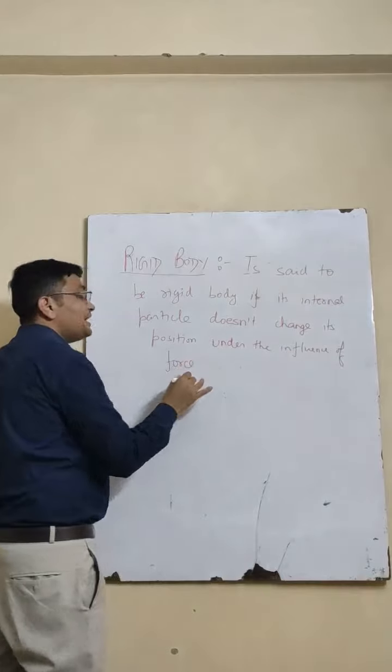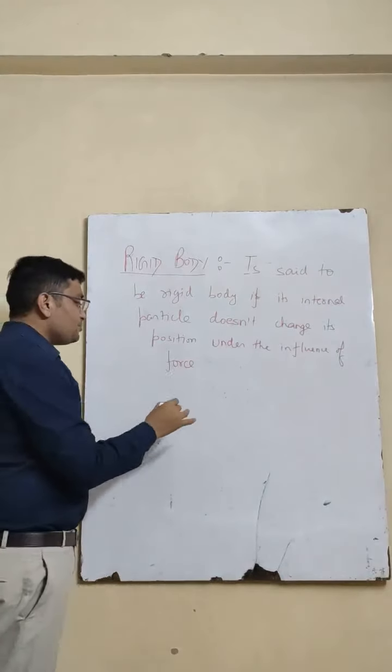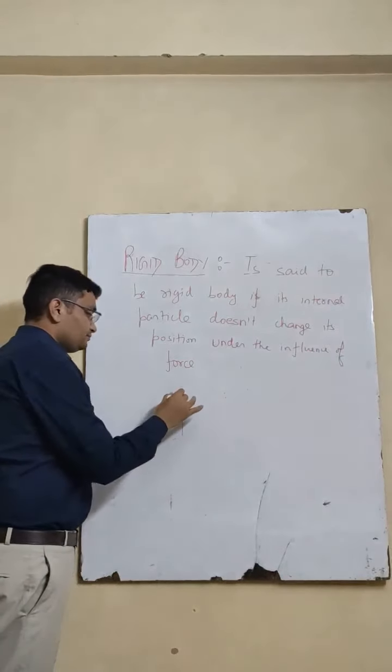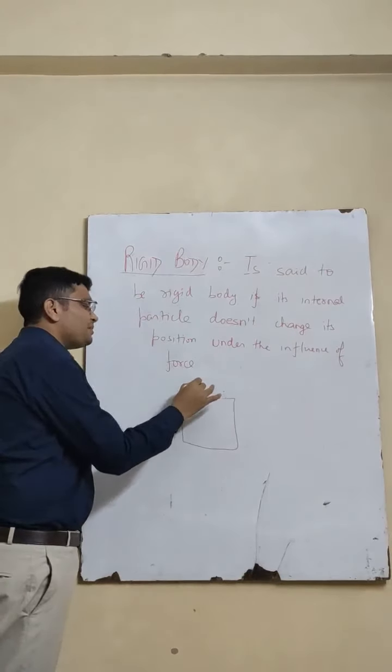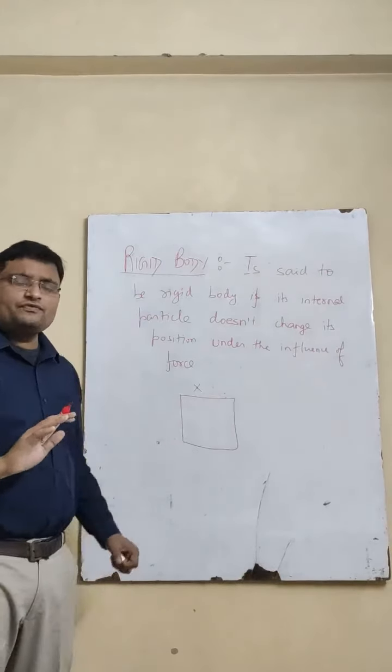Let me clear it with the help of a diagram. Let's suppose I have taken a body, let that body be X. I know there are lots of particles present in this body, an infinite number of particles.